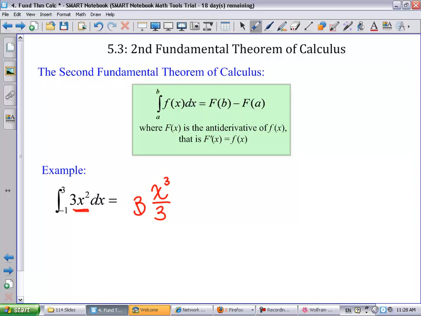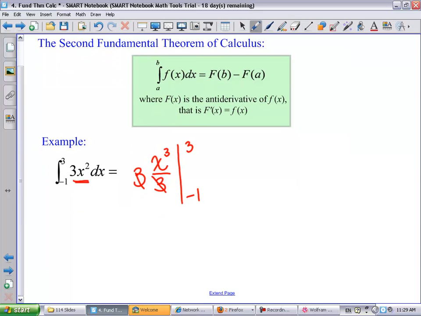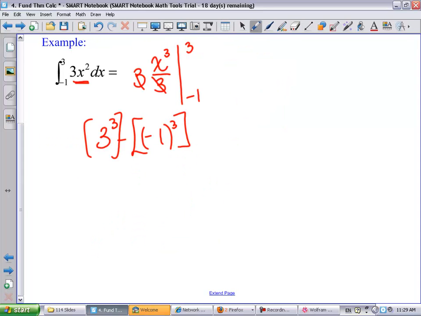But then those 3's just cancel. So you have x cubed, evaluated from negative 1 to 3. That reminds us we're going to plug in the 3, and then subtract what we get when we plug in the negative 1. So we get 27 minus negative 1, or 26. So it's that easy. Instead of having to do a whole Riemann sum, we've got the answer right away.